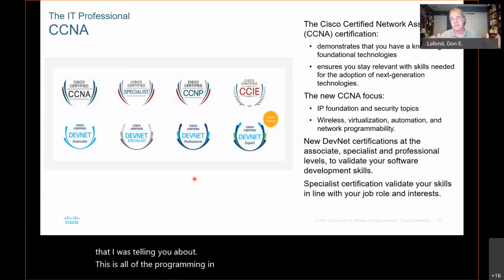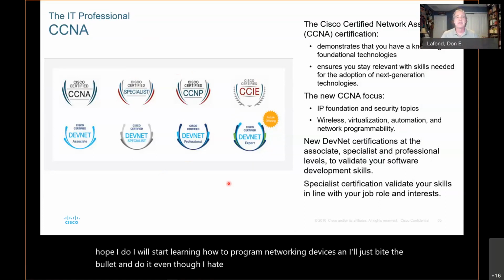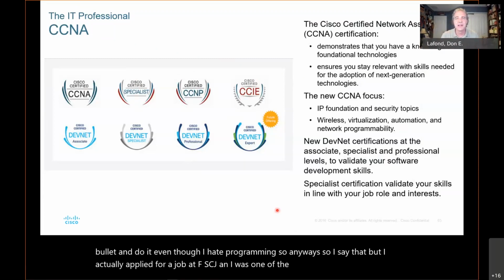And if I stay with this long enough, and I hope I do, I will start learning how to program networking devices, and I'll just bite the bullet and do it, even though I hate programming. I say that, but I actually applied for a job at FSCJ, and I was one of the two finalists in that position.